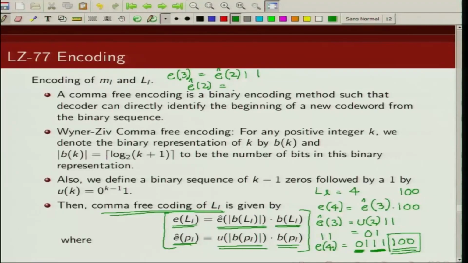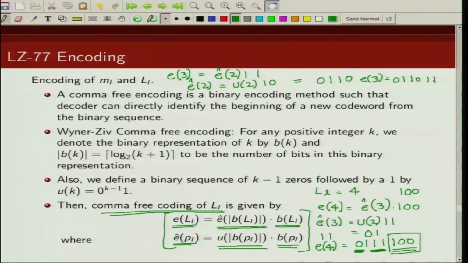The binary representation of 2 is 1 0. So we require 2 bits to represent it. So this would be U of 2, and 2 is 1 0. So this is nothing but 0 1 1 0. So E of 3 would be 0 1 1 0 1 1.